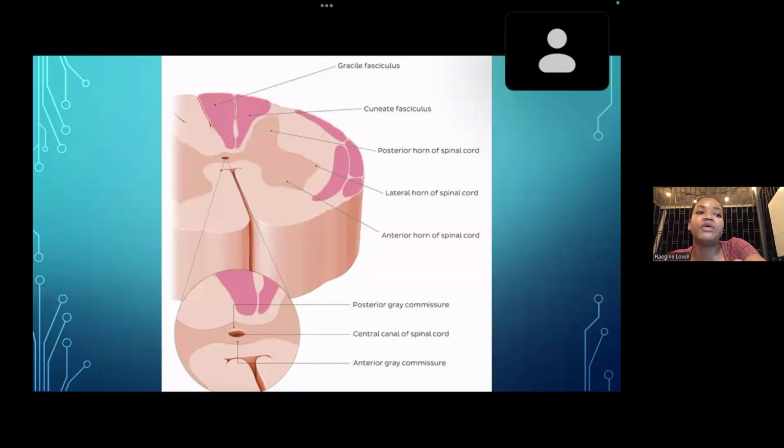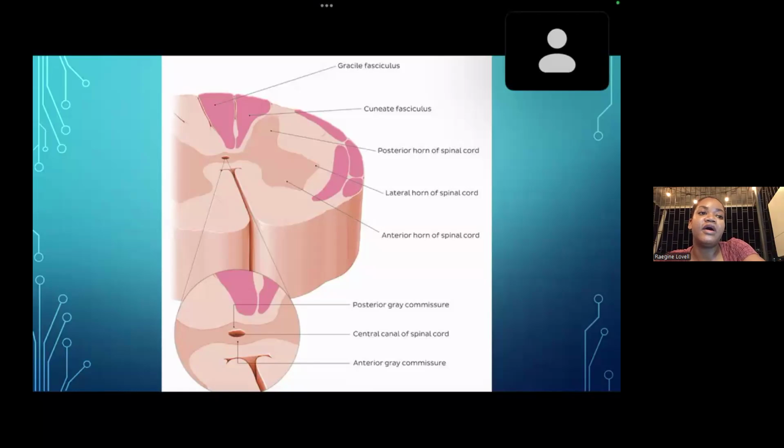The gray matter, which surrounds the central canal, is composed of the anterior and posterior gray commissures that bridge the anterior and posterior horns of each half of the spinal cord. The white matter of the spinal cord occupies the space around the gray matter and is divided into the anterior, posterior, and lateral funiculi.